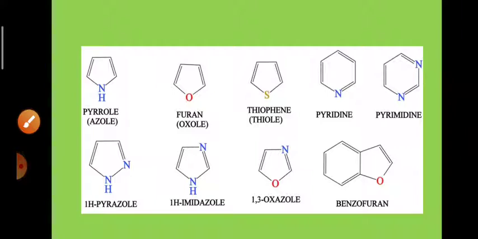Here in this picture we can see some compounds whose rings are made up of carbon atoms, and other atoms like nitrogen, oxygen, and sulfur are also present.